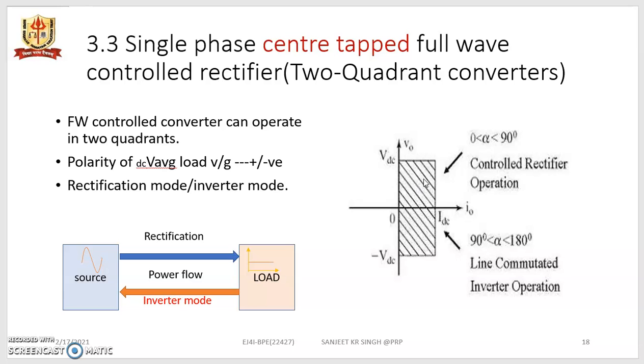In first quadrant, the output load voltage will be positive, and the power flow is from source to load, that is from AC to DC, acting as a rectifier, whereas in the fourth quadrant the circuit is operating in inversion mode and therefore the power flow direction reverses from load to source.